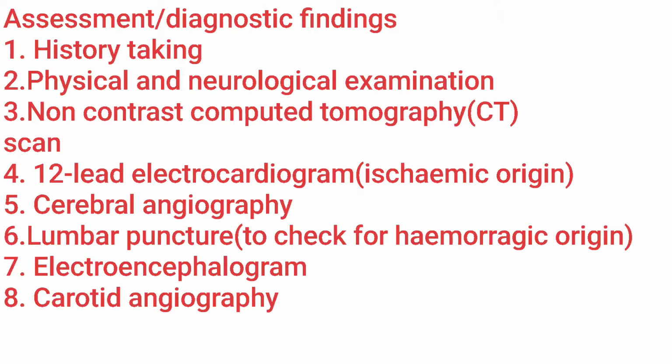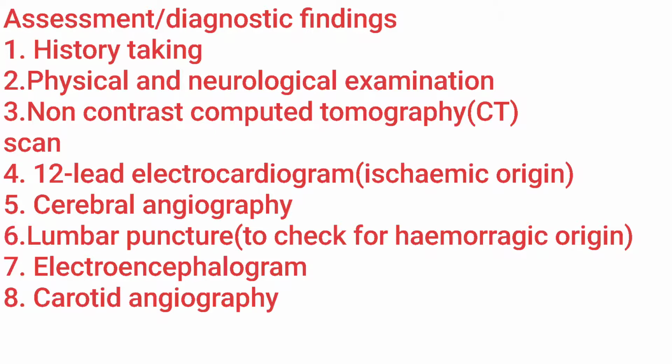And we have to carry out a non-contrast computed tomography, CT scan. It is performed to determine if the event is ischemic or hemorrhagic, and to know the type of stroke it is. Maybe there is occlusion or there is bleeding in the brain, to determine the treatment.